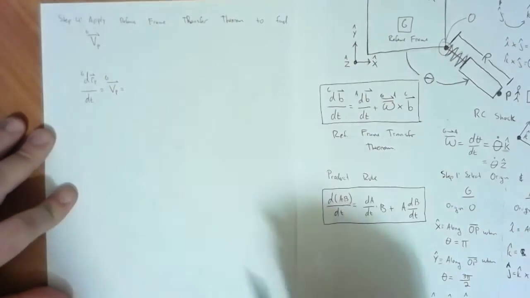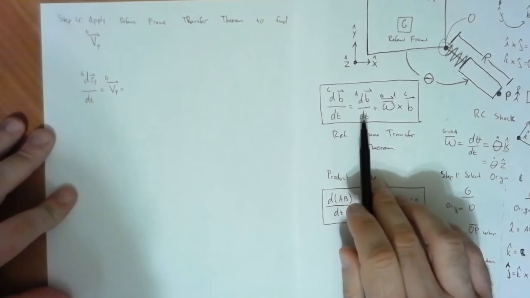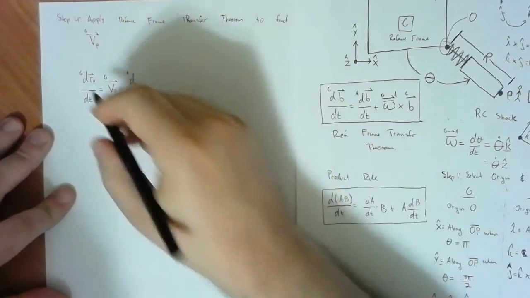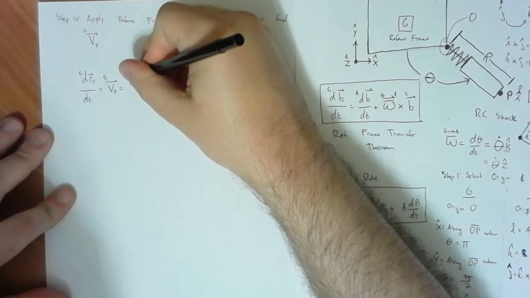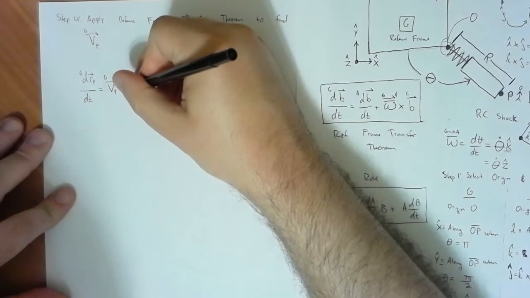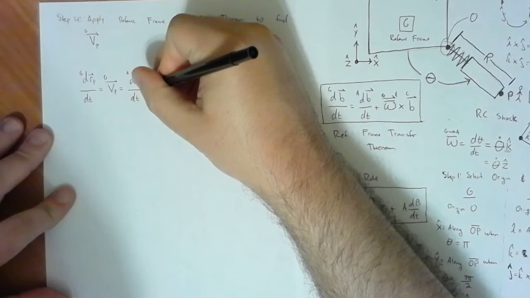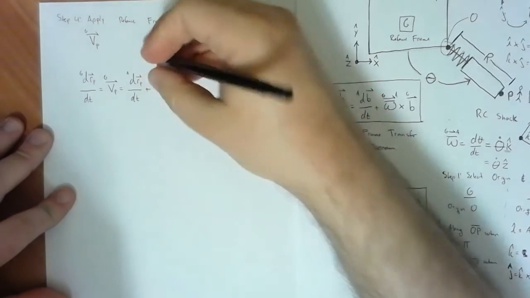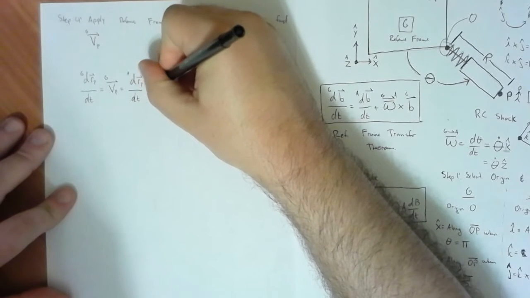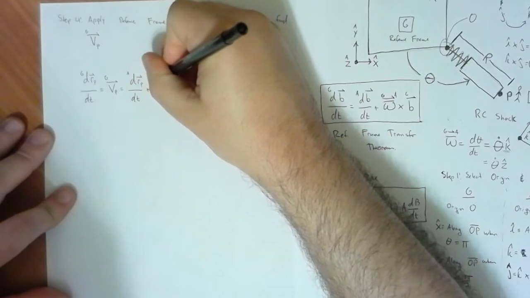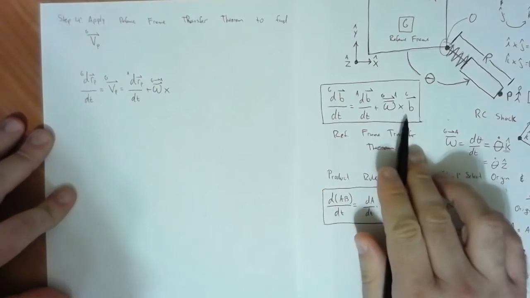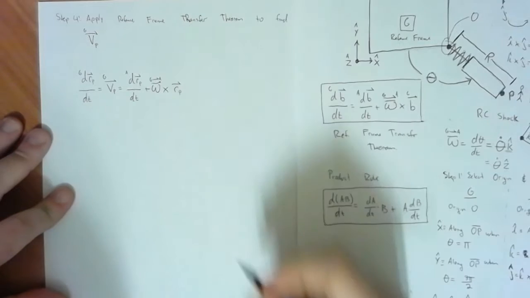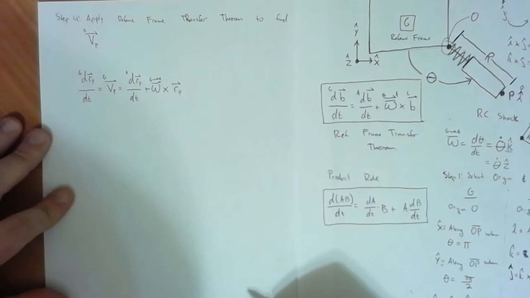It's going to equal the derivative in the A reference frame of this same vector with respect to time, plus omega from G to A cross that same vector, R_P.